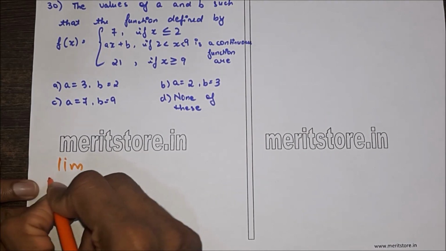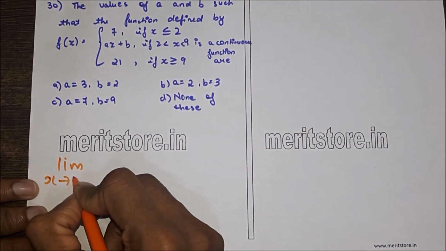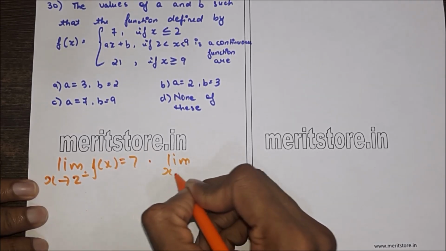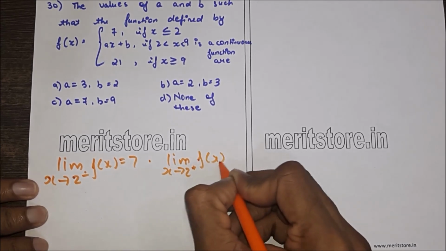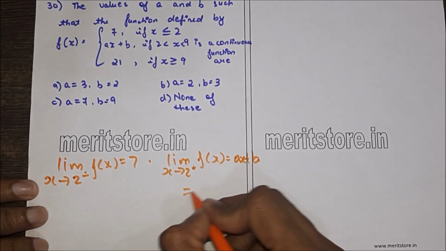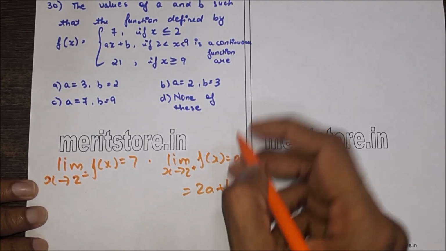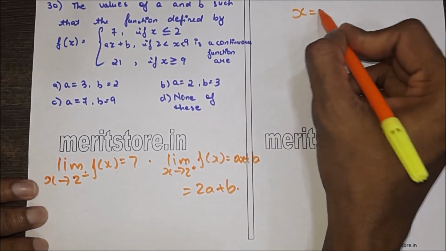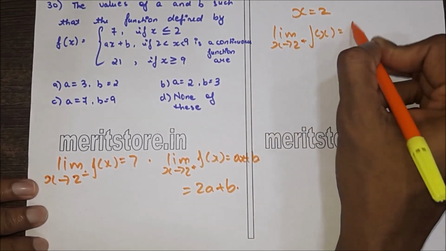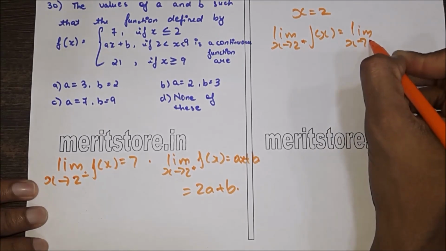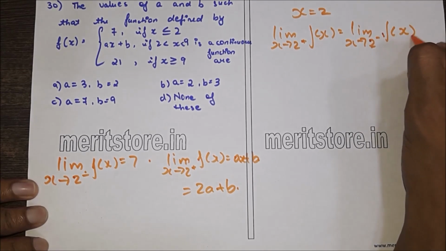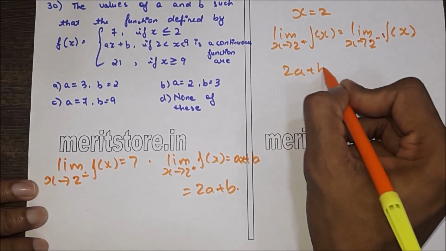For limit x approaches to 2 from the left hand side of f of x, we get 7, and limit x approaches to 2 from the right hand side, we get f of x is equal to ax plus b, which is equal to 2a plus b. Since f of x is continuous at x is equal to 2, therefore the left hand limit equals the right hand limit. So we get 2a plus b equal to 7.